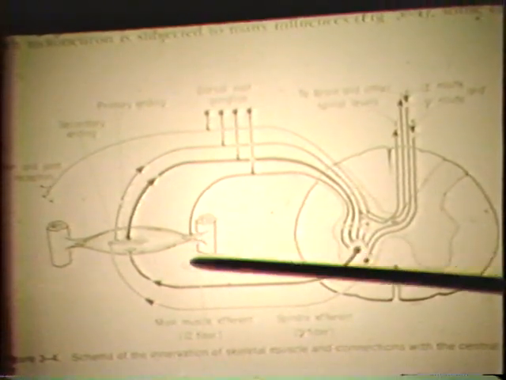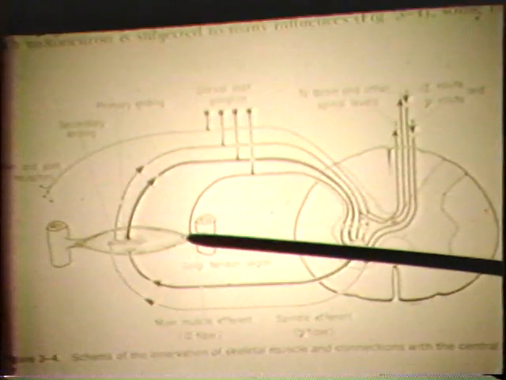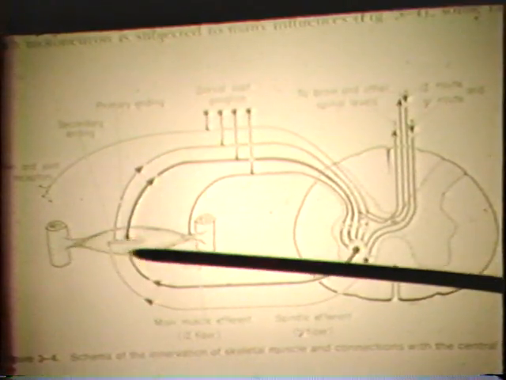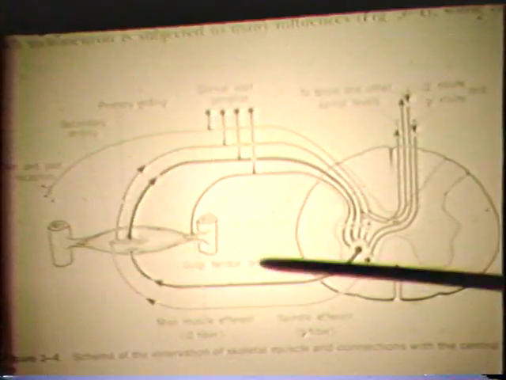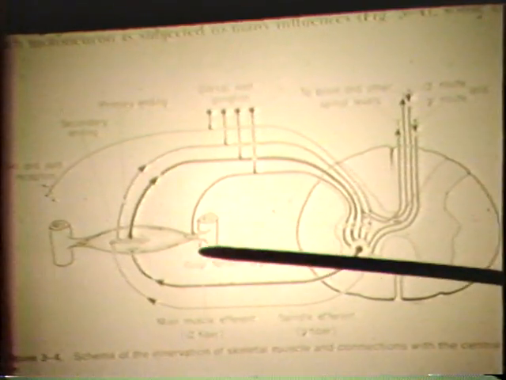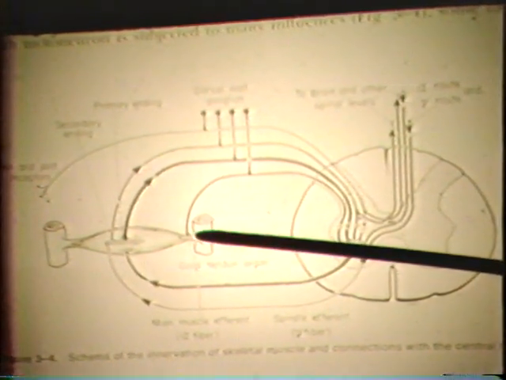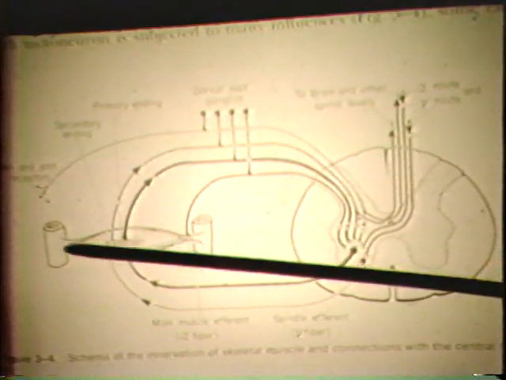There are also sensory receptors found in the tendons of the muscle. This is called the Golgi tendon organ.